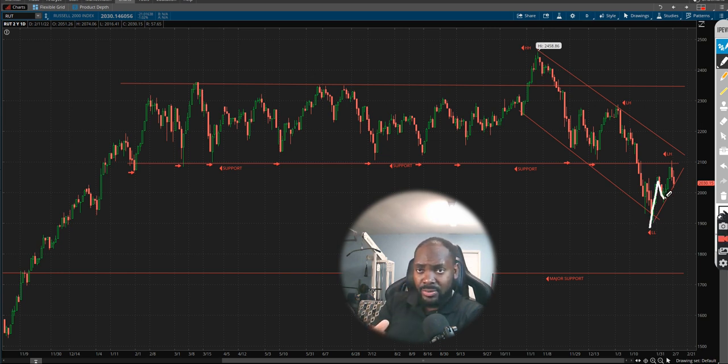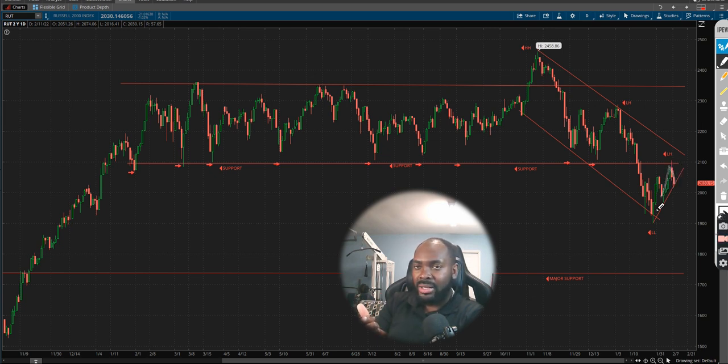Then we had a nice rally back up, but this is where you have to pay attention, guys. Support, right, that was holding this thing while it was in the channel, has now become resistance, right? And price action got rejected the moment it entered back into that 2100 level, and therefore we started to pull back.